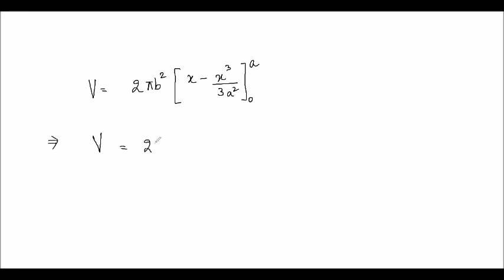Let us put the limit, which will be simplified to 4 pi a b square upon 3. So this will be the volume of the solid.